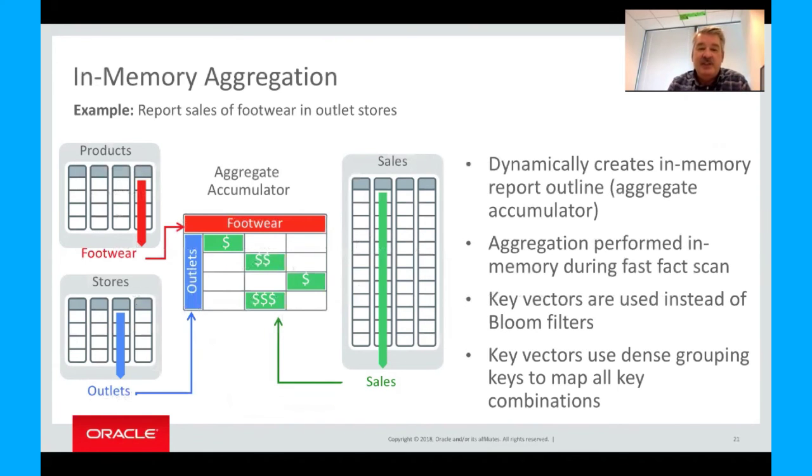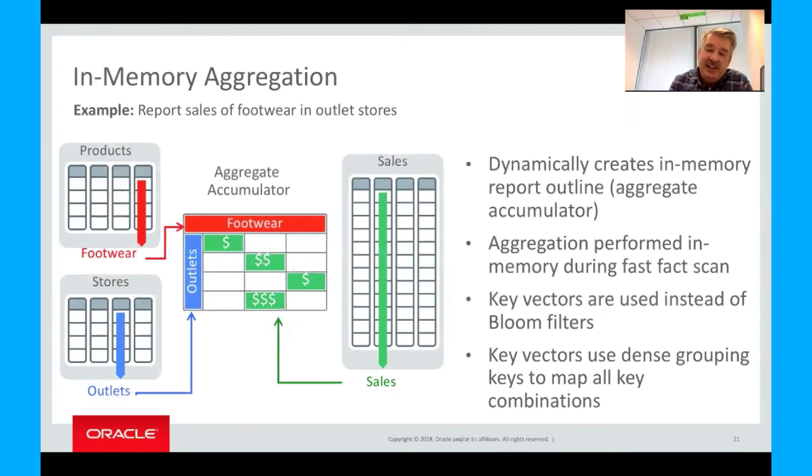We join that to a sales table, and in addition to that, a group by. And we do the same basic hash join mechanism we did before, except now we use key vectors rather than Bloom filters. We do that so we know all of the values that will be accumulated as part of what I would call the in-memory report accumulator.